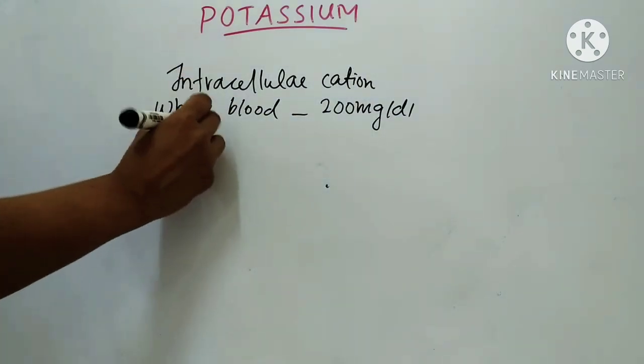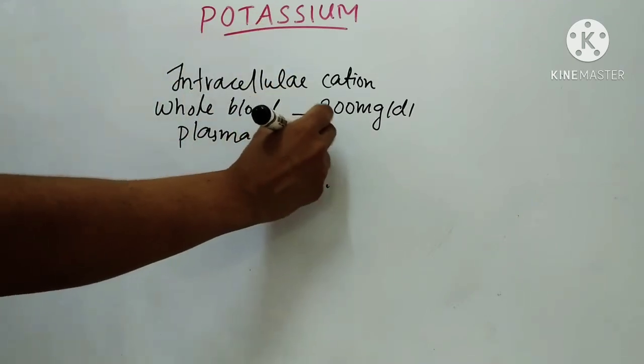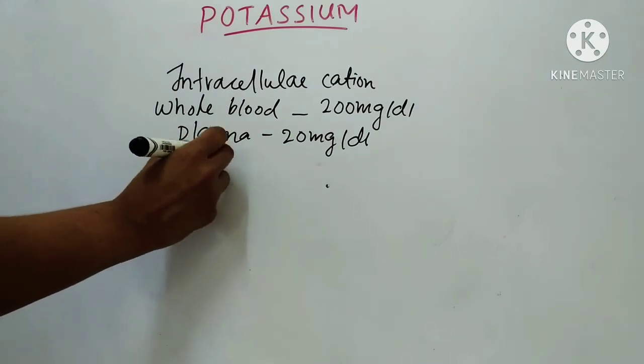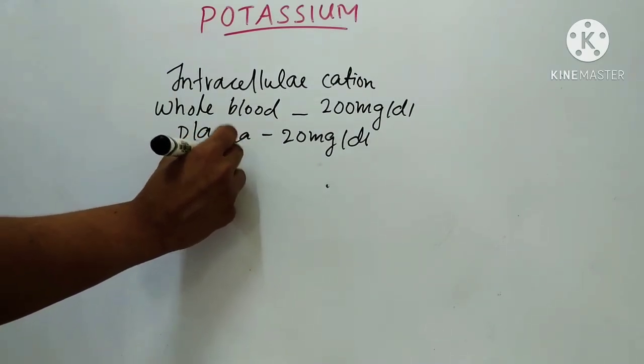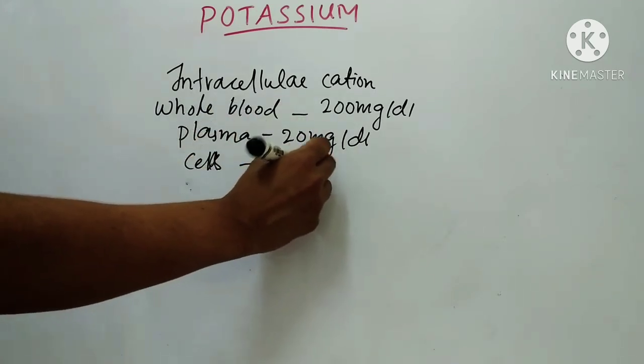In plasma, it is about 20 mg per dl. Then in cells, it is about 440 mg per 100 gram.